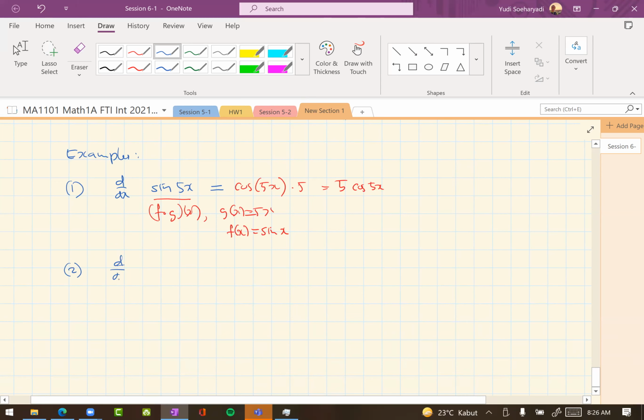Derivative of, say, tangent square x. Okay. Oh, not square, because the square we know how to do.